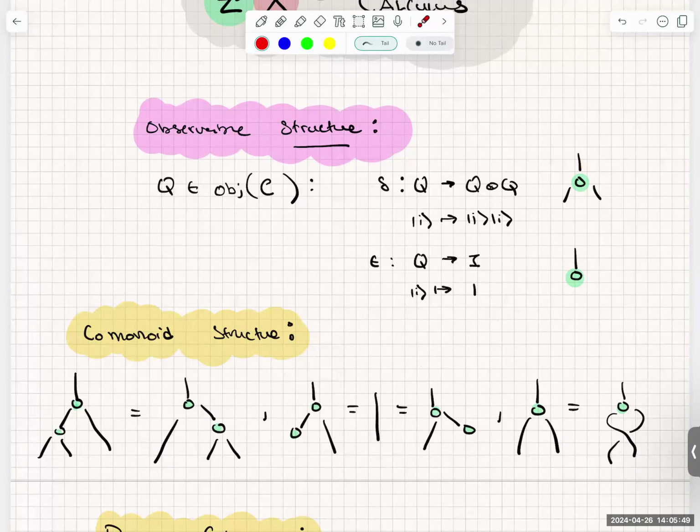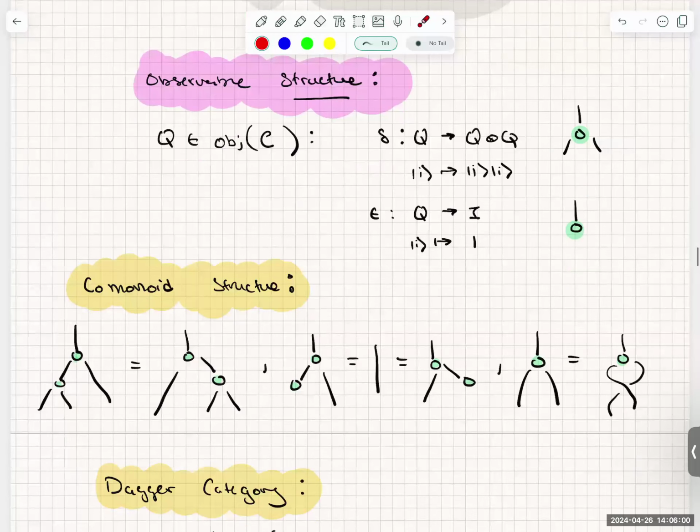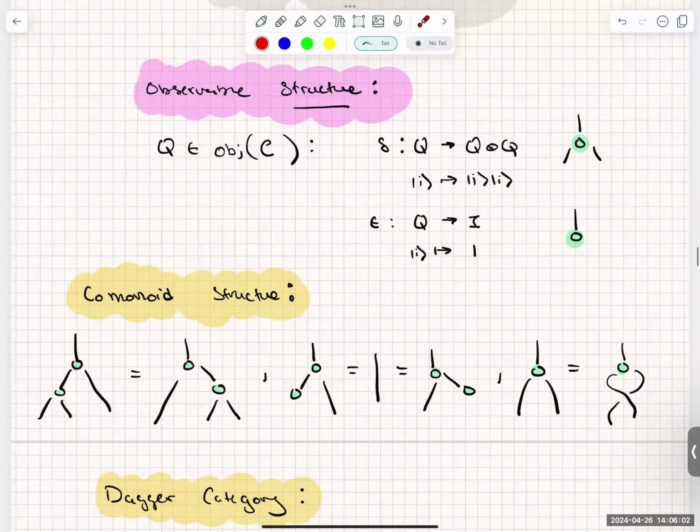An observable structure has this copying operation, and also a unit. And then there are some additional compatibility conditions.